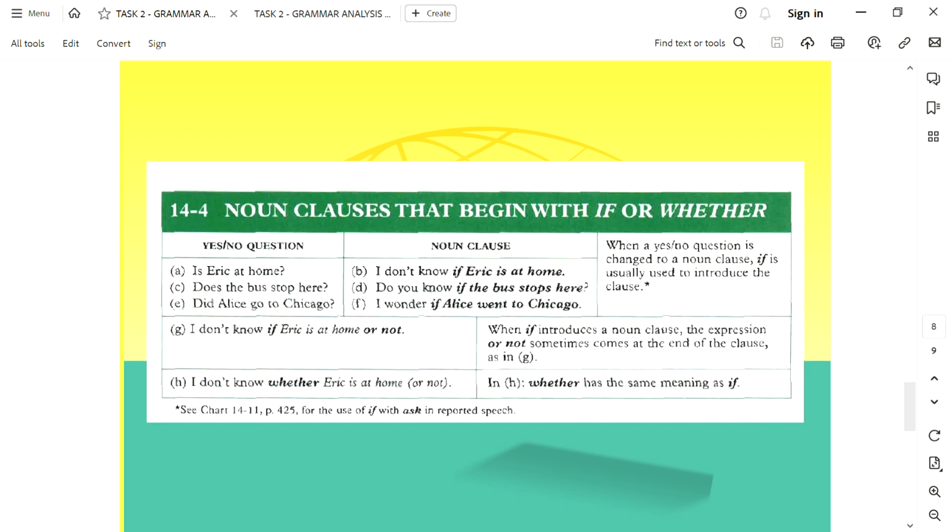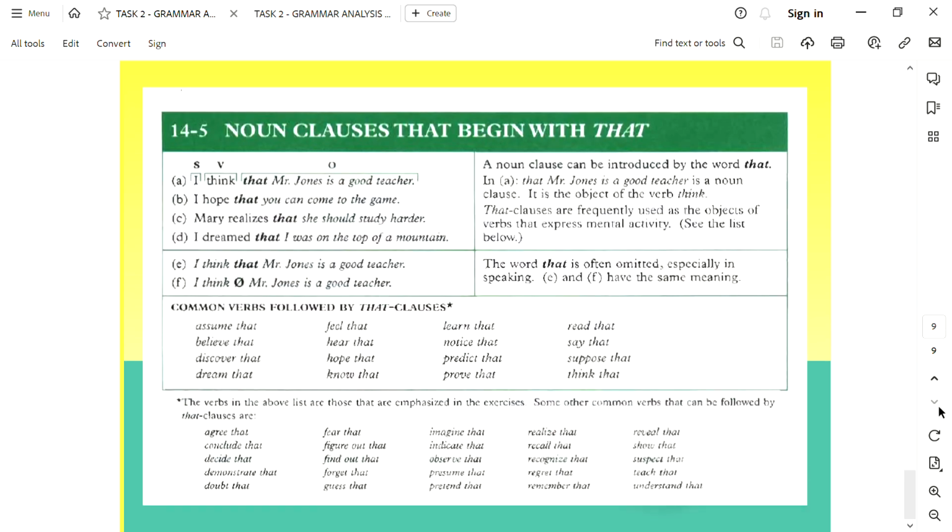Alright, the last slide for the noun clause. Noun clauses that begin with that. I think that Mr. Jones is a good teacher. So the object here is the noun clause that begins with that. I hope that you can come to the game.